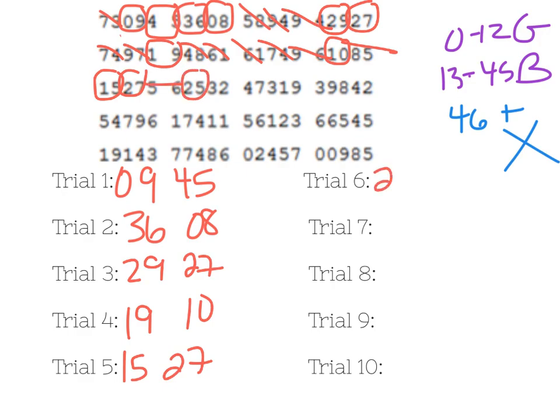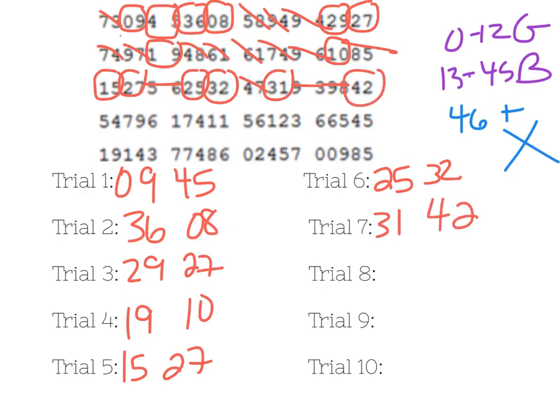I can use 25. I can use 32. I can't use 47. I can use 31. No 93. No 98. I can use 42. I can't use 54. I can't use 79. I can't use 61. No 74. I can use 11. No 56. I can use 12.